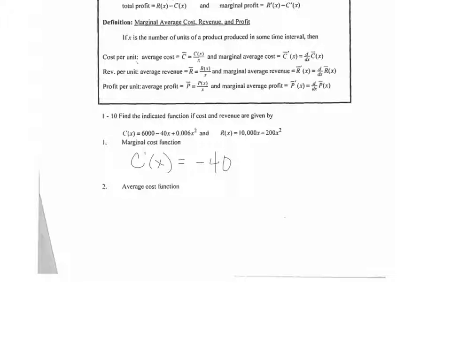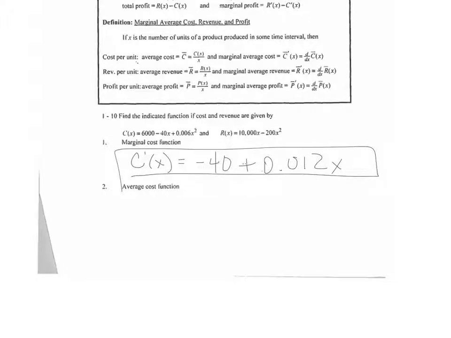Good. Take that 0.006, multiply it times 2. That's going to turn into 0.012. You got it, 0.012, and what comes after that? X to the first. Very good. That is my marginal cost function.